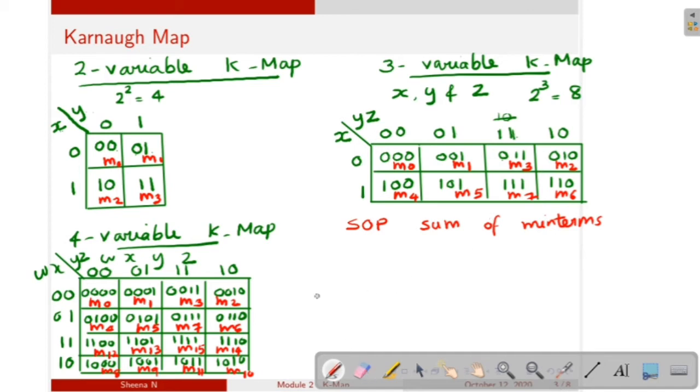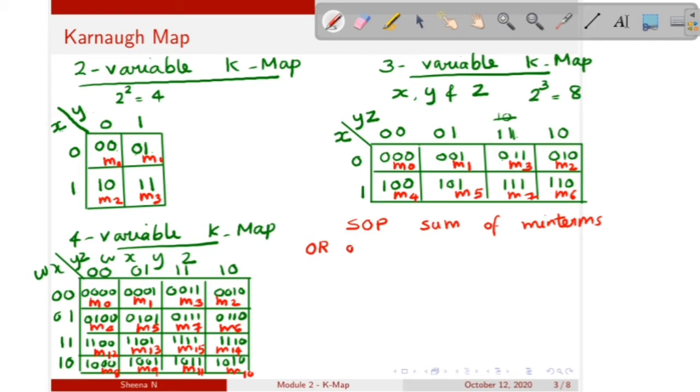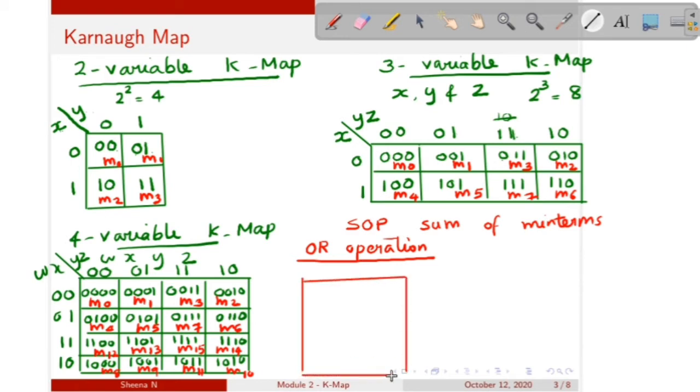For example, suppose we take the truth table of the OR operation. You know what an OR operation is? We can draw the truth table of the OR operation. It has 2 input variables and 1 output variable.